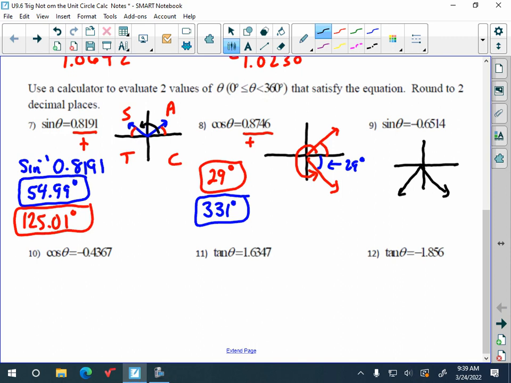All right, so negative 0.6514. So it's negative 40.65 degrees is what the calculator says. Well, that's none of those angles. But we can use it to find the angles. Well, negative 40.65, that's this angle right here.